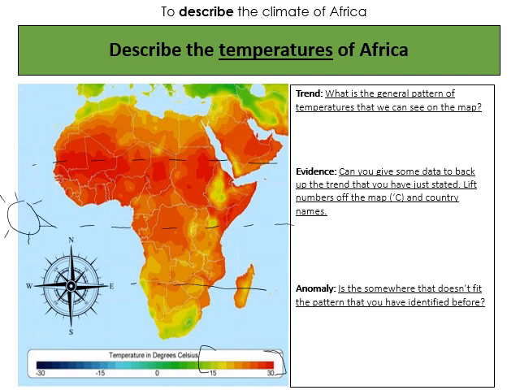So generally we shouldn't see much of a change in terms of the temperatures, but you can see in places like South Africa and also in Northern Africa there are areas where it is a little bit cooler, so you might want to use those as your anomalies and then try and make reference to the key and also name some places when doing your trend, evidence and anomaly for this.